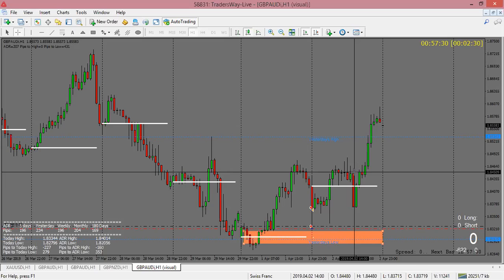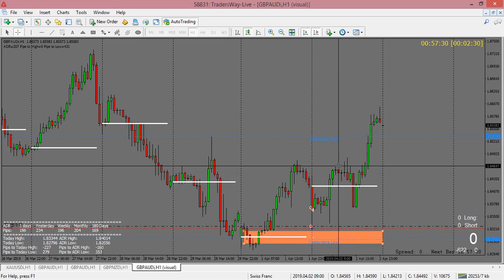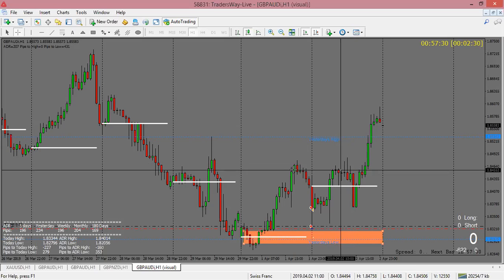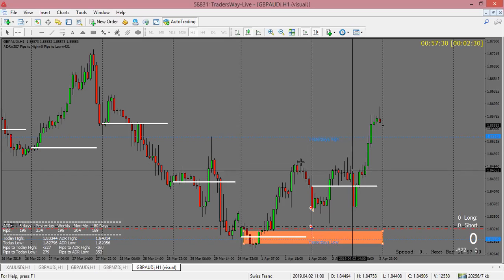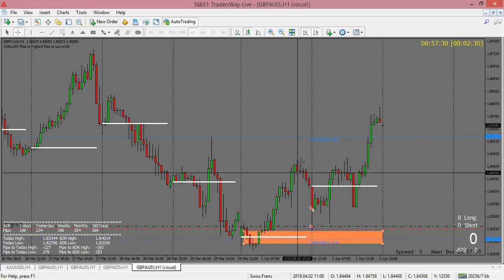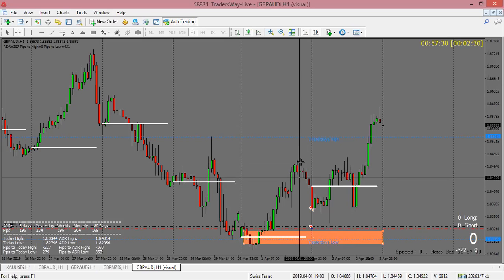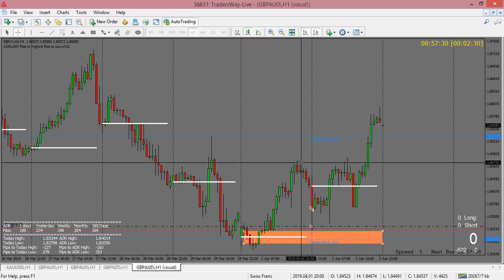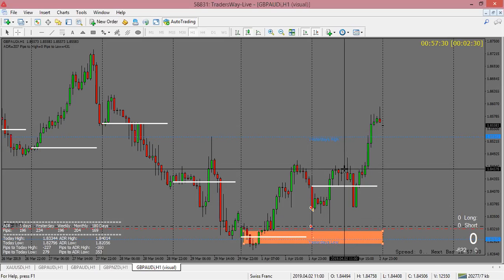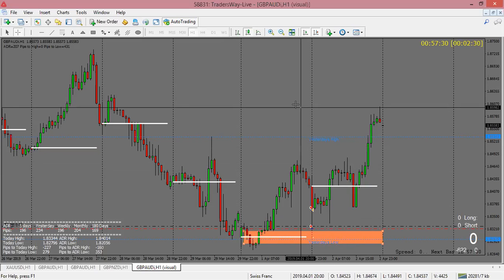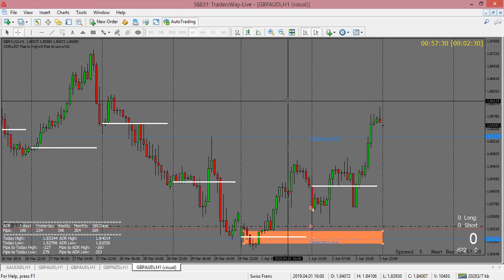If I start seeing stuff like this, I would always be scared to get in, so scared that I'd let damn near half of the move play all the way out before I finally decide to get in. And then when I get in, I'm getting in too late, so I'm dealing with all the pullback. So just to avoid that, I started forcing myself to get in the market. If I say something's gonna buy and I think it's gonna buy.